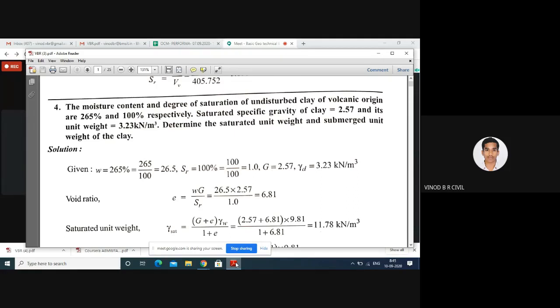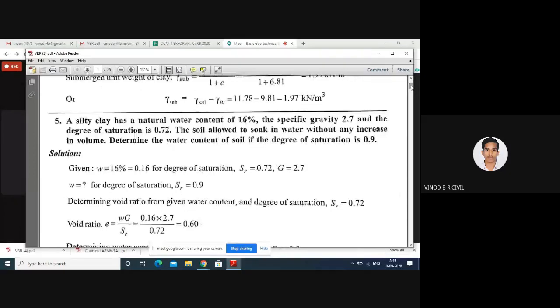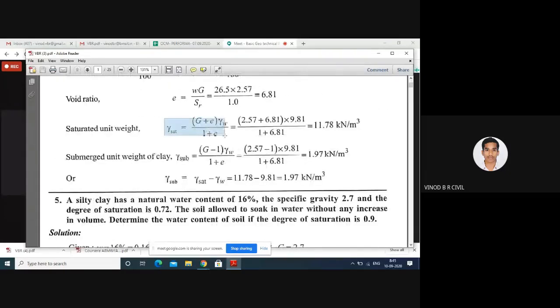Now we have to calculate gamma saturated. The mathematical expression is gamma sat equals G plus E into gamma W divided by 1 plus E. In this expression, you know the value of G and gamma W, and one is a constant, but you don't know the value of E, the void ratio.